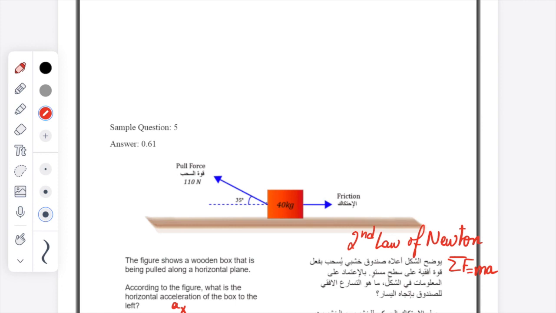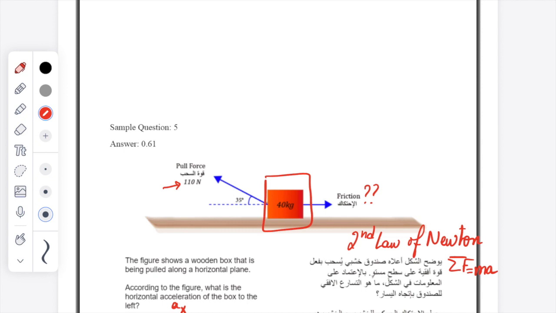So basically I have an object of 40 kilograms that is being pulled with a force of 110 Newton at an angle of 35 degrees with the horizontal. However, it is experiencing a friction force backward, opposite to the direction of the motion, of unknown value.